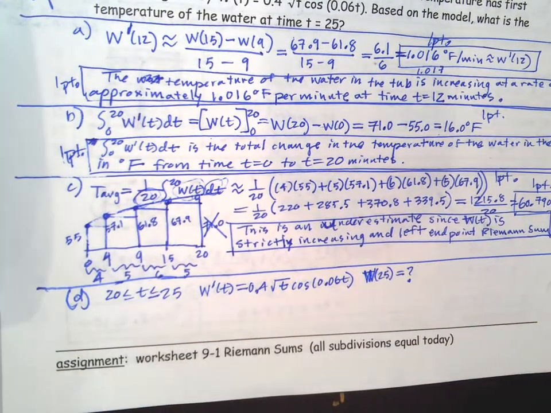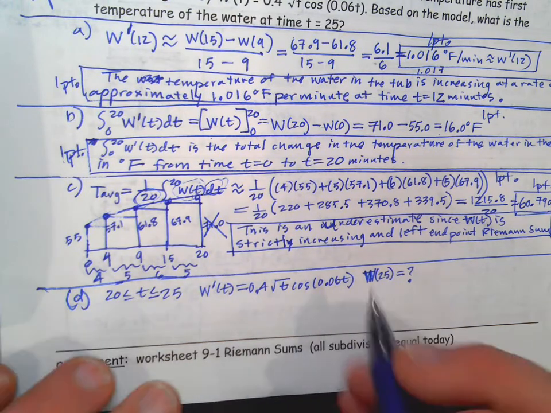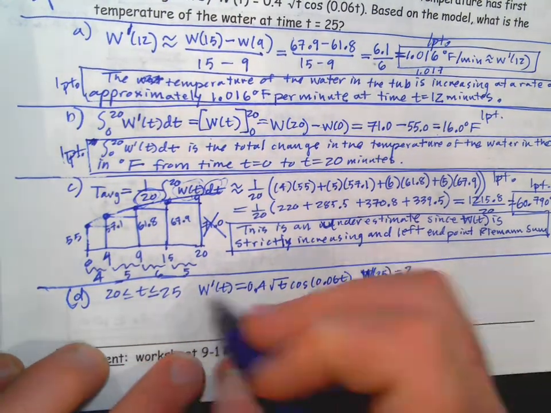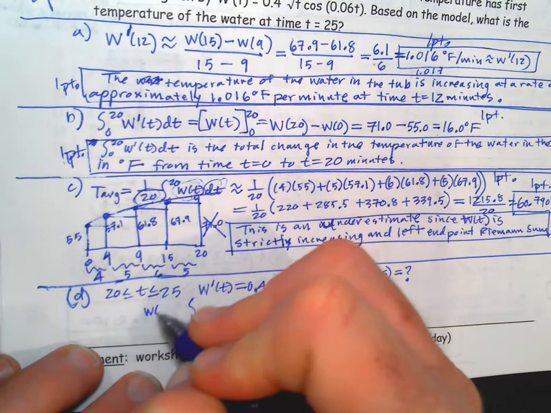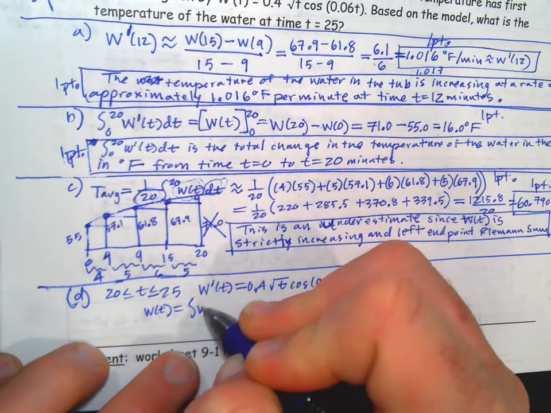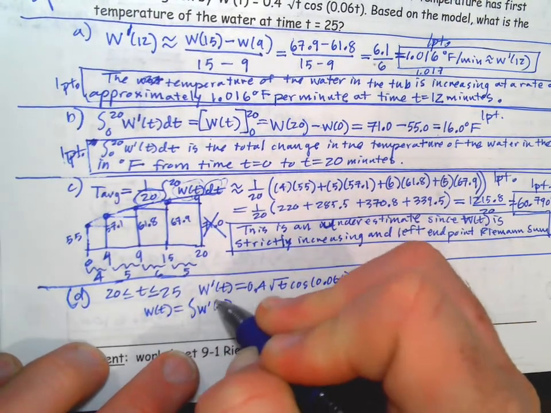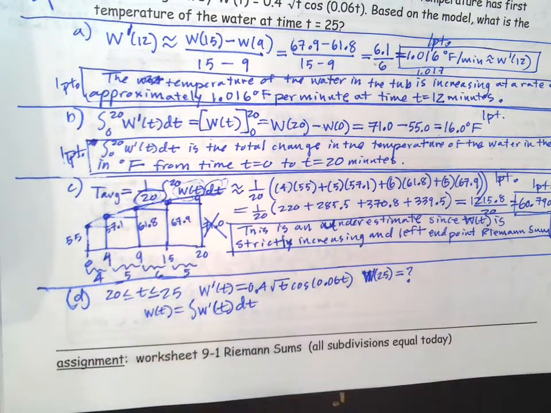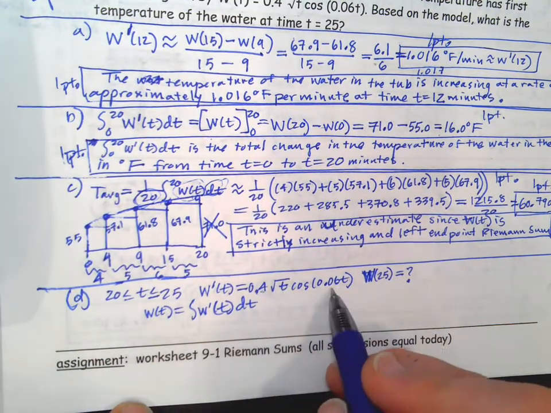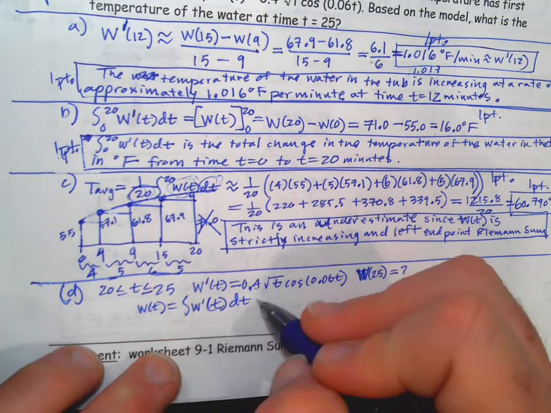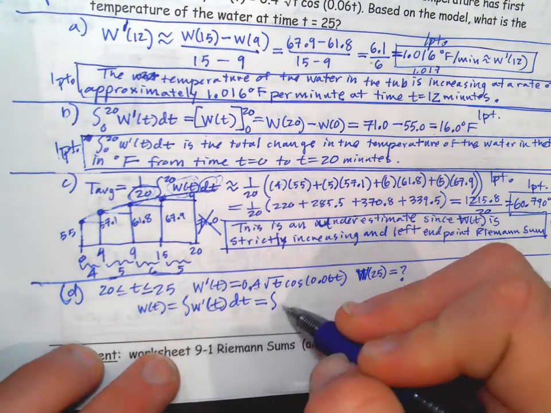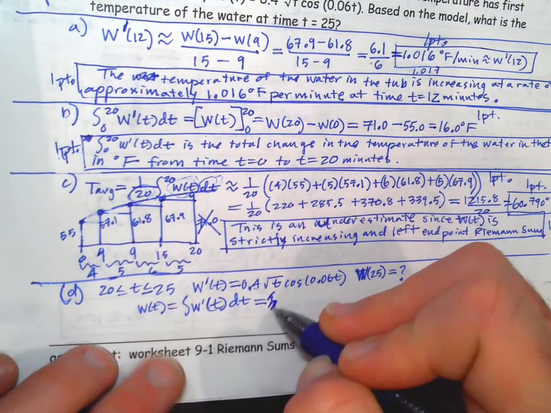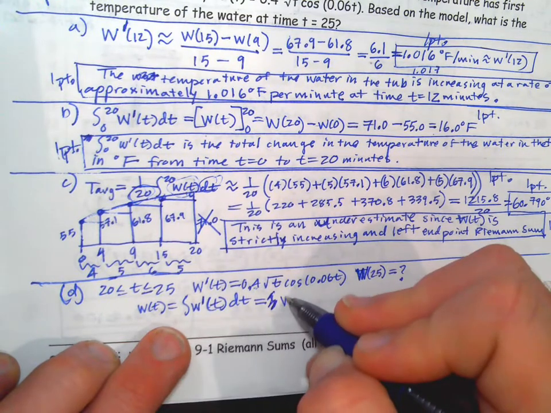Now this is going to get a little out of our abilities right now. I'm going to probably be teaching this to you very soon. If you want the original function, don't we usually say it's going to be the integral of the derivative, right? The only problem is we can't integrate this. But we do know that if we integrate W prime, we get W, right?